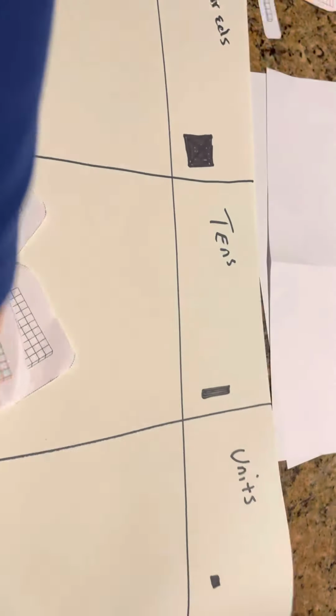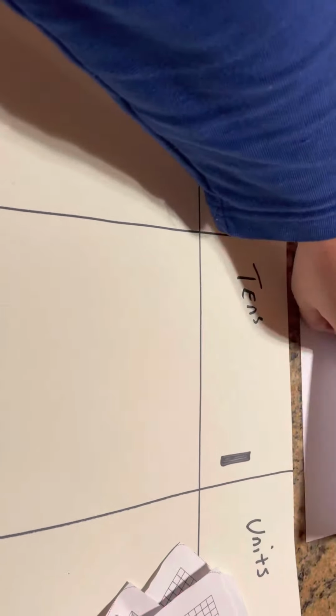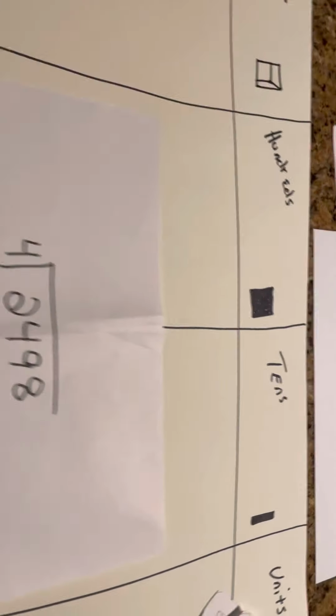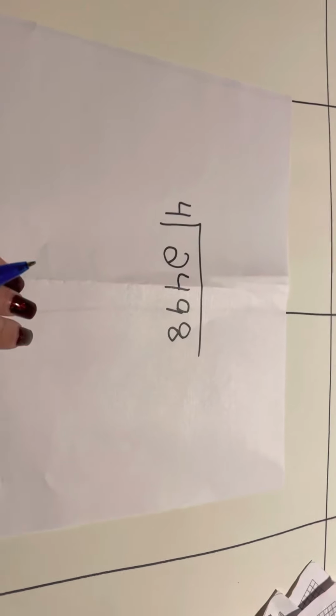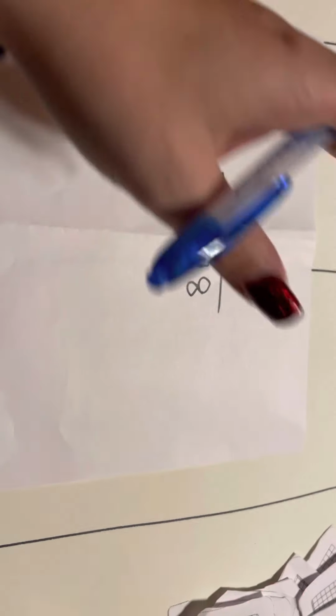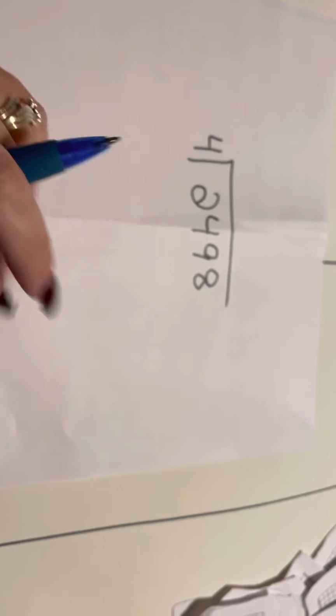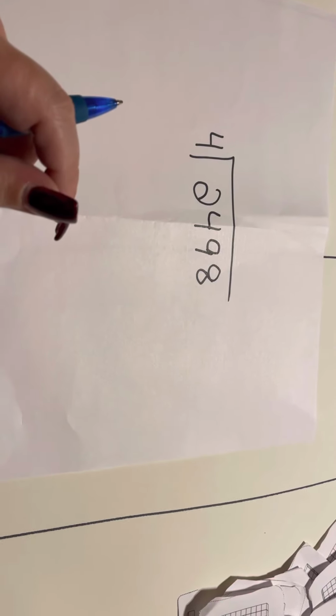Now the other way you can do this problem is by the scaffolding method. The way that you would do that is you turn a division problem into an addition problem instead of just a subtraction.